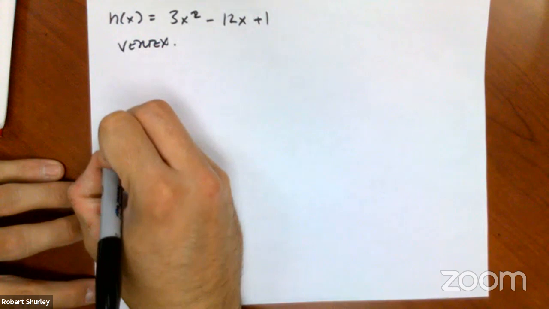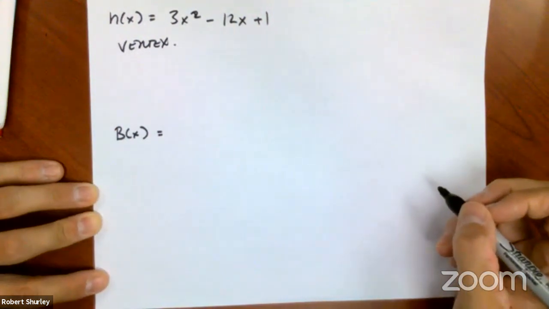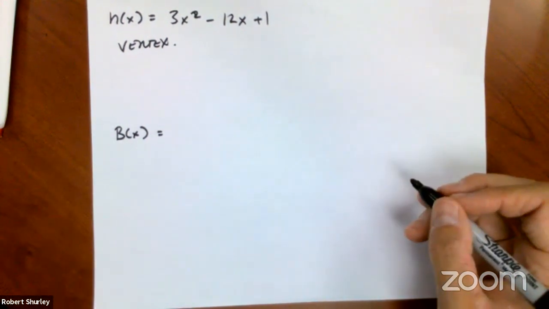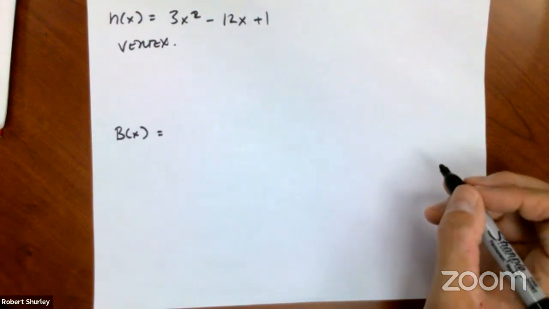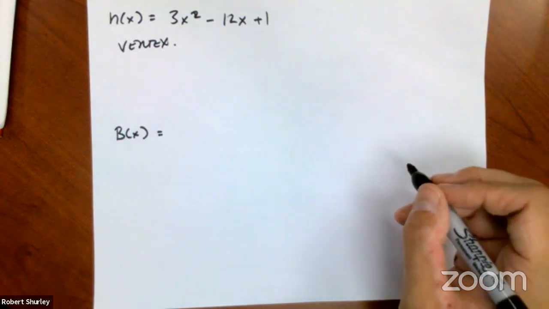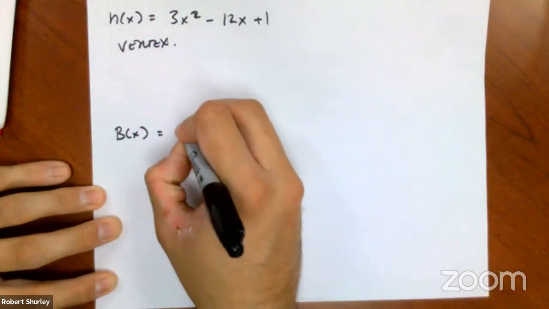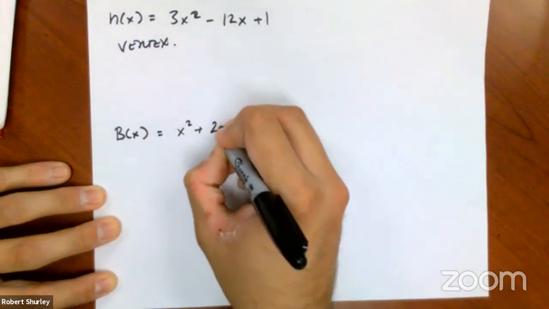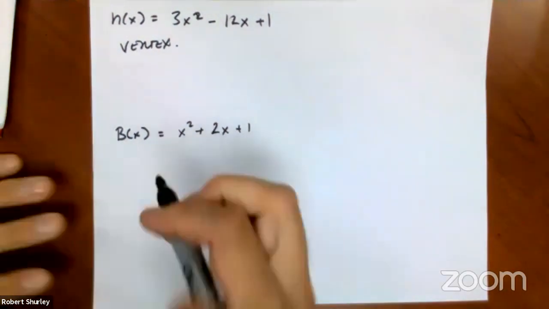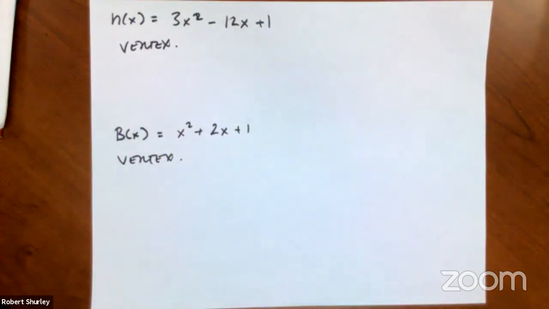And then let's say b of x equals x squared plus 2x plus 1. So try those two, okay? Let's try and find the vertex. I'll give you a minute.